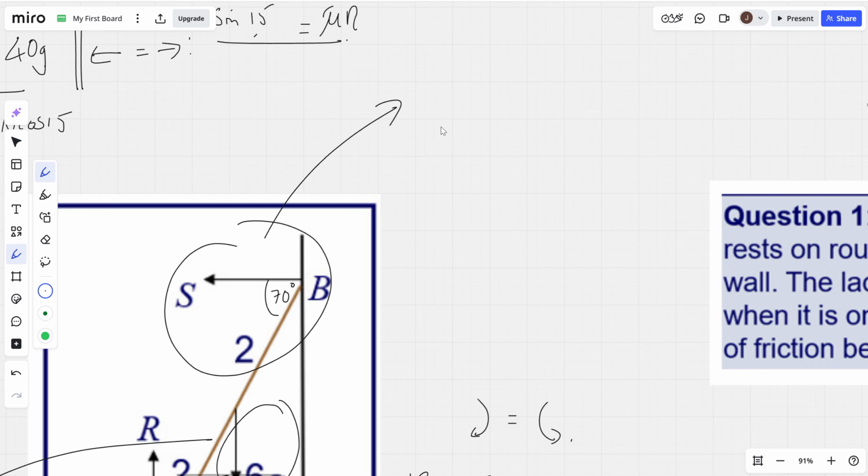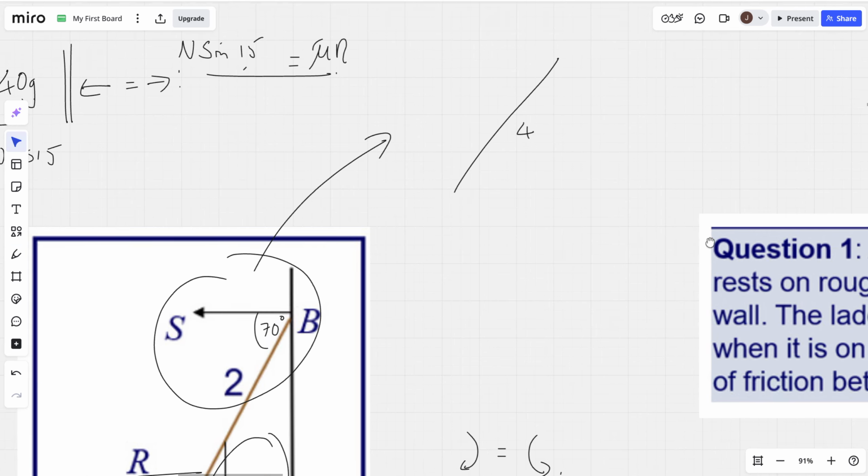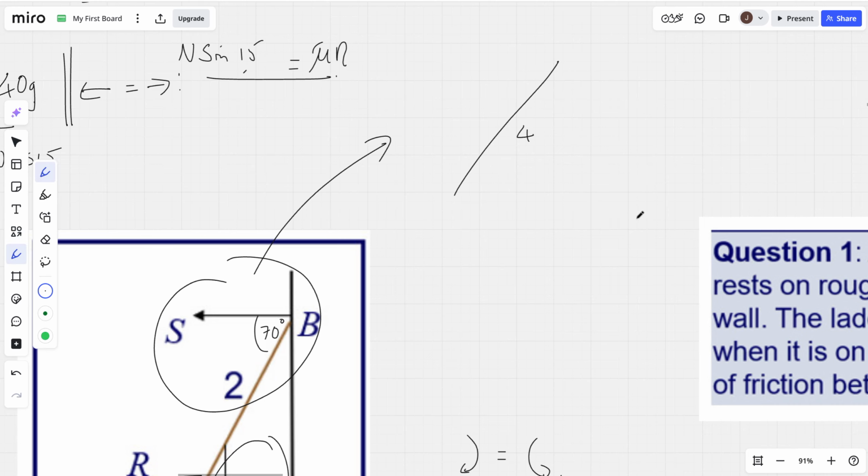So you can draw it out like that, and then you might need a little bit more space. So if that's S, that's 70, the triangle, although it's not taking place here, I'm just showing how the triangle's made. So that's opposite, isn't it?